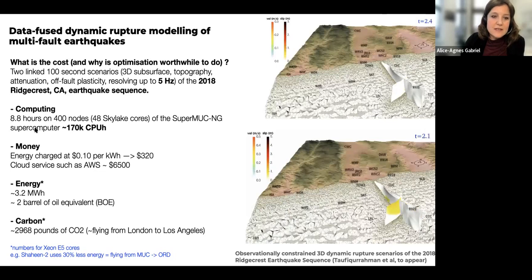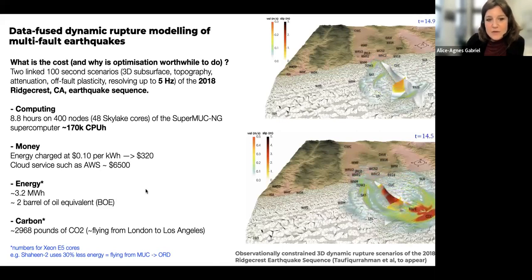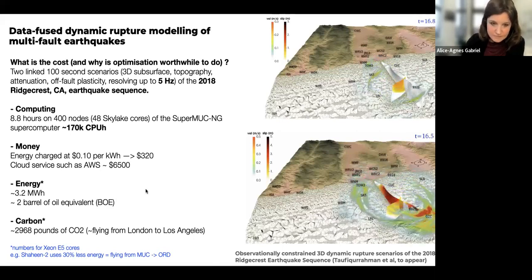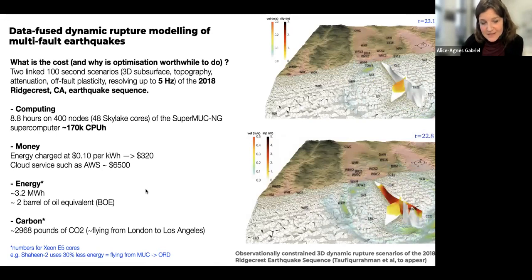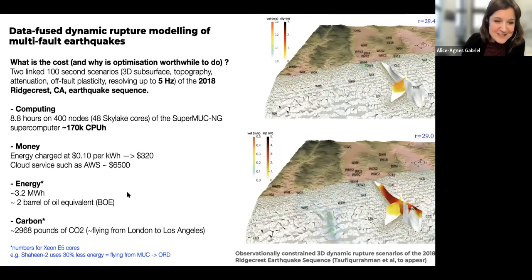If you're translating that in terms of monetary costs, and we're thinking about energy maybe being charged at 10 cents, that's $320. If you would be porting that simulation to a cloud service such as AWS, that would cost you $6,500 approximately. And translating that into energy, these are 2 barrels of oil equivalents, and into carbon, or the dream of traveling for collaboration or for conferences, that would get you from London to Los Angeles.